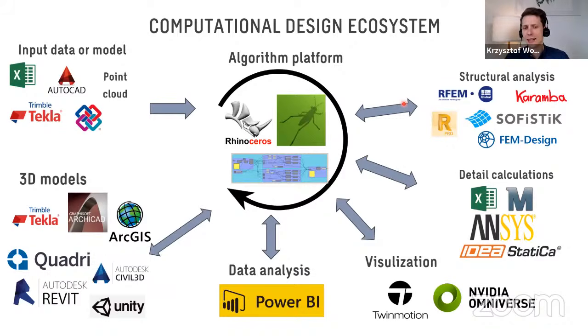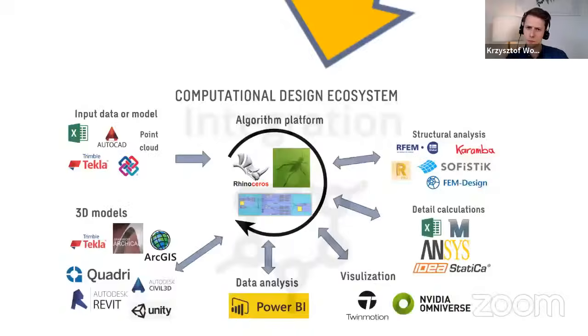And of course, data analysis and 3D models. So there's Tekla, Archicad, which was one of the first connections to Grasshopper for the 3D models, and of course Rhino.Inside.Revit, where you can also apply Grasshopper in Revit.